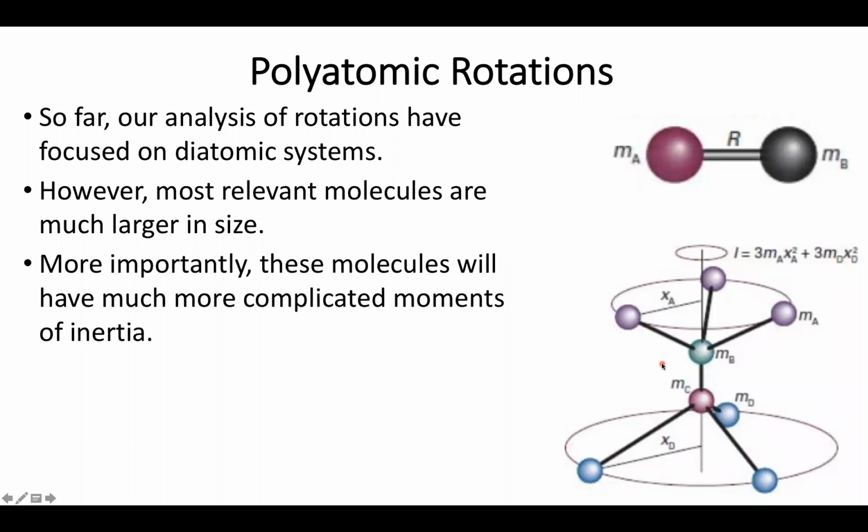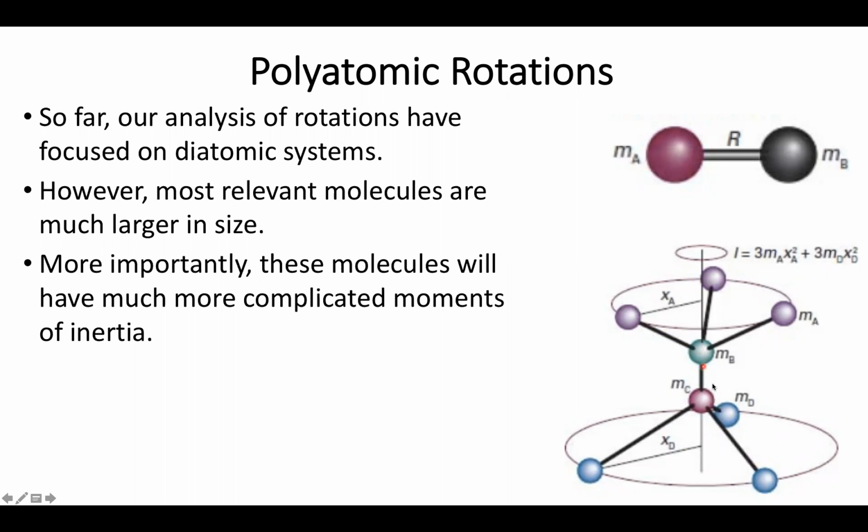And this has some very important consequences on those moments of inertia. Because remember, the moments of inertia are all talking about how the system moves around the center of mass, which again is the important part about rotations.